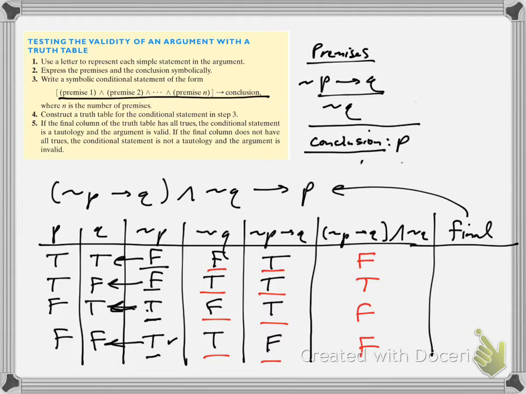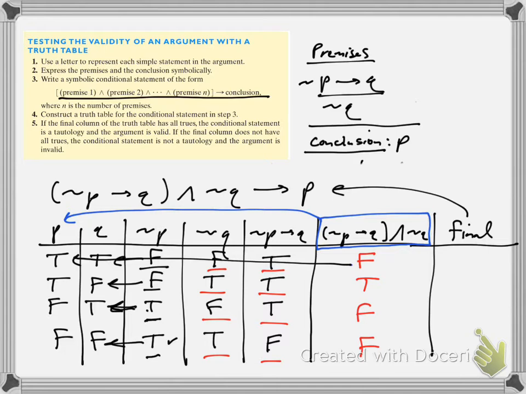Okay, now I'm going to take in blue this column and arrow it all the way over to the P column. So first I'm going to get false true, which is false arrow true.